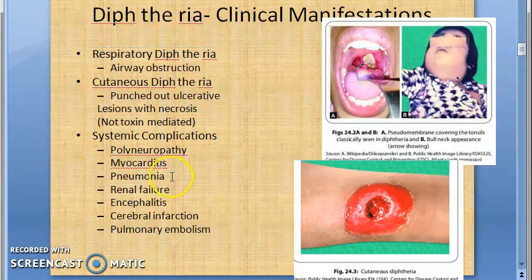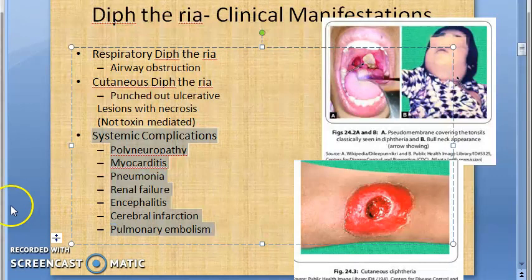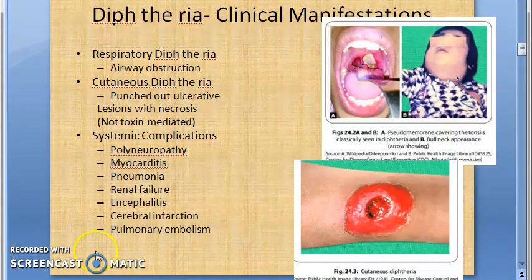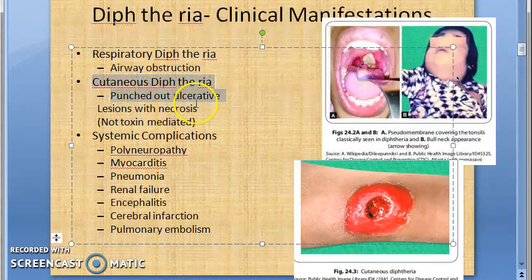Don't worry much about these systemic complications. I just wanted to tell you what exactly the patient will come to you with. And one thing: if there is cutaneous diphtheria, you will have to extract the specimen from this portion.